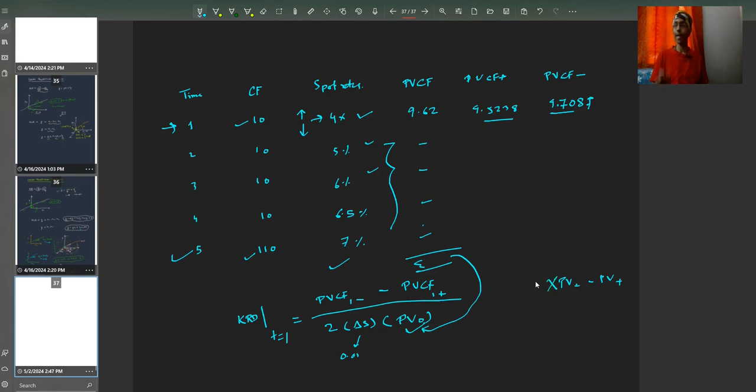Here we are taking a particular cash flow and the present value of that in the numerator to calculate the key rate duration for that particular period, right? So for t is equal to 1, we are finding out PVCF 1 when the rates rise, PVCF 1 when the rates go down, and then finding out their difference and putting it in the numerator. That is how we are finding out the individual key rate duration.